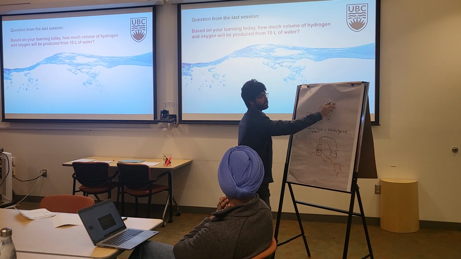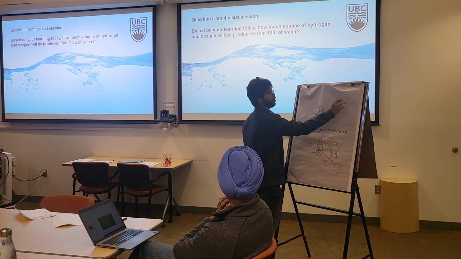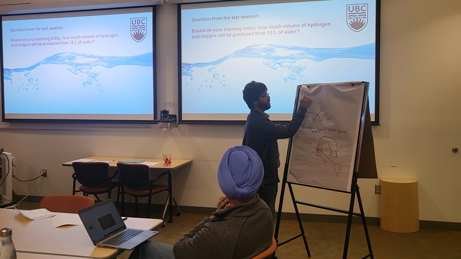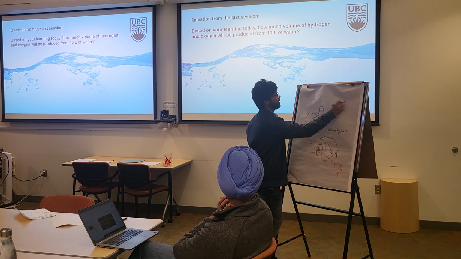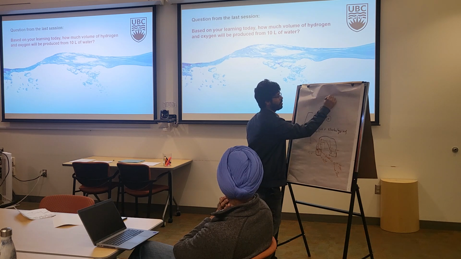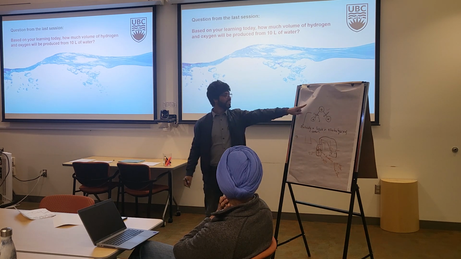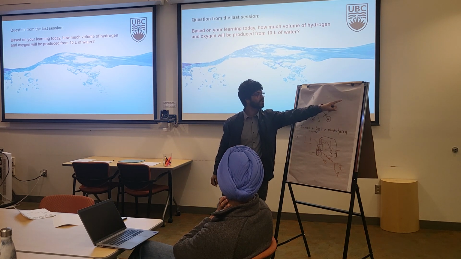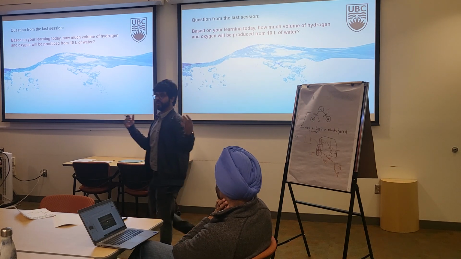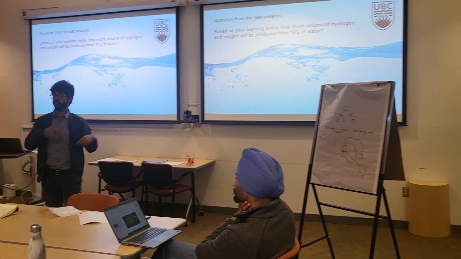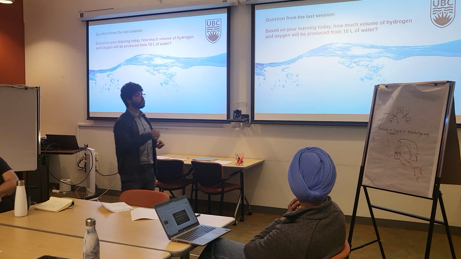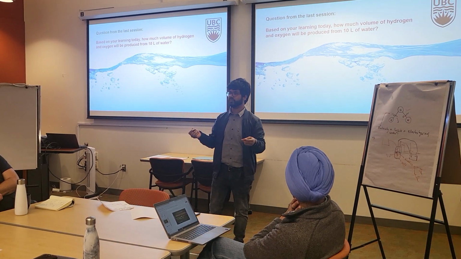But you have two hydrogen here, and you need to balance it, so you make it 2 H2O going to 2 H2 plus O2. Then you will produce double the amount of hydrogen as compared to oxygen, right? From 10 liters of water, you'll produce 20 liters of hydrogen and 10 liters of oxygen.